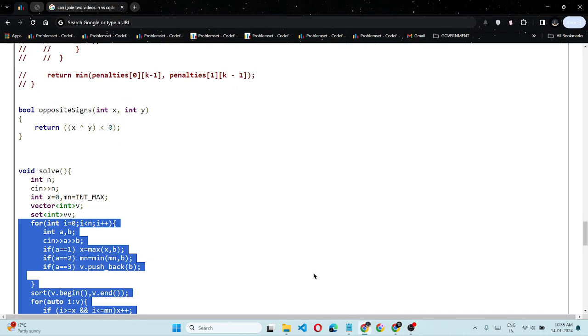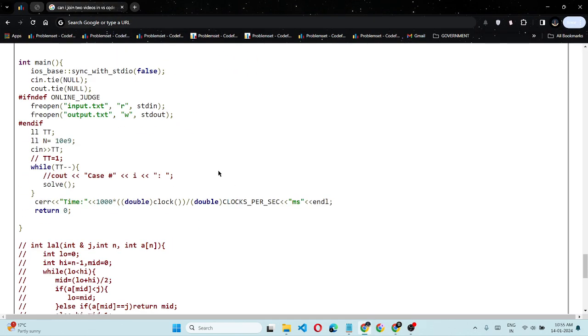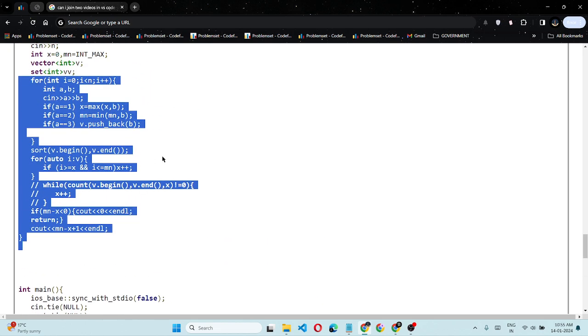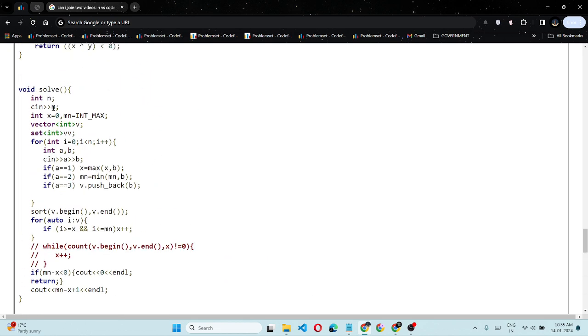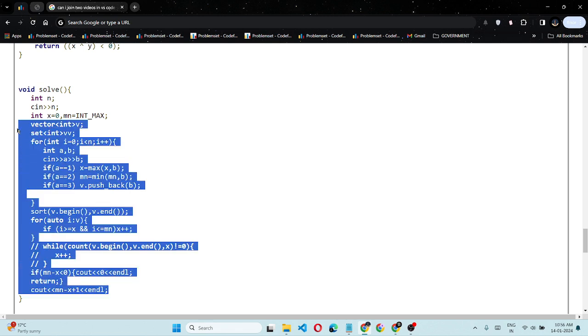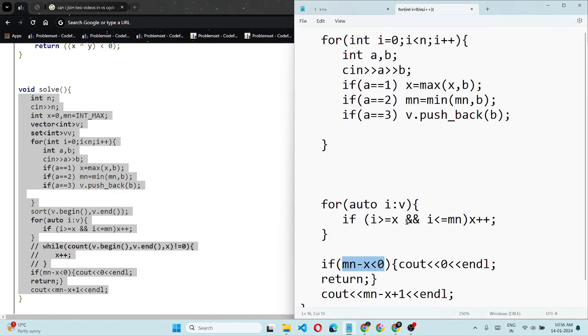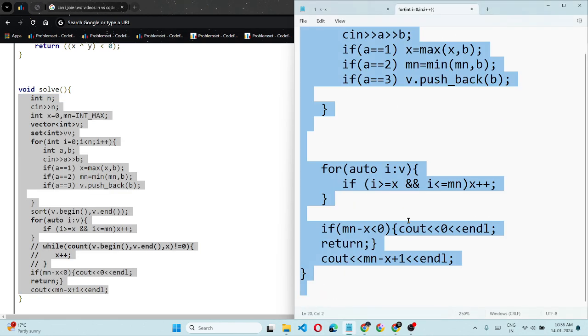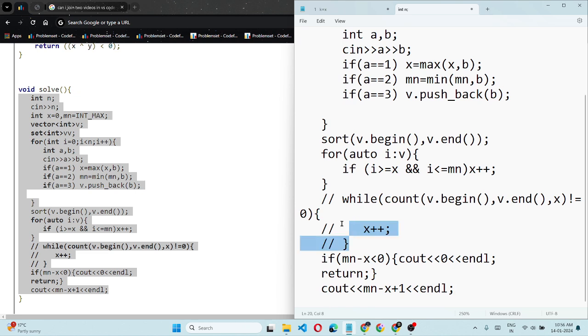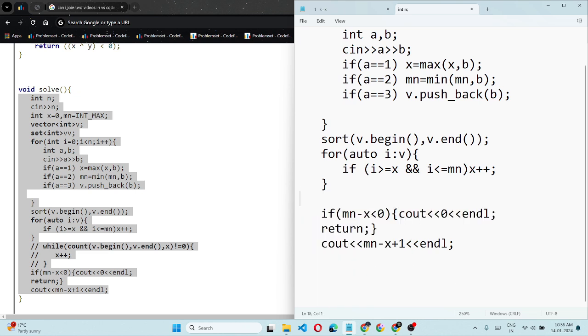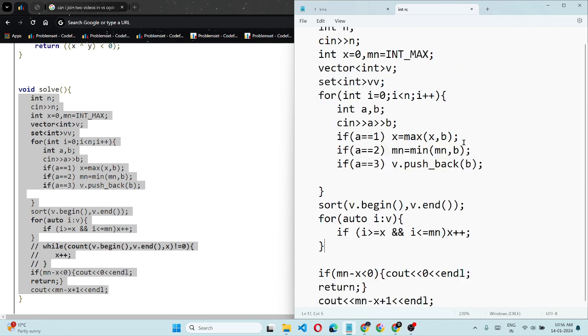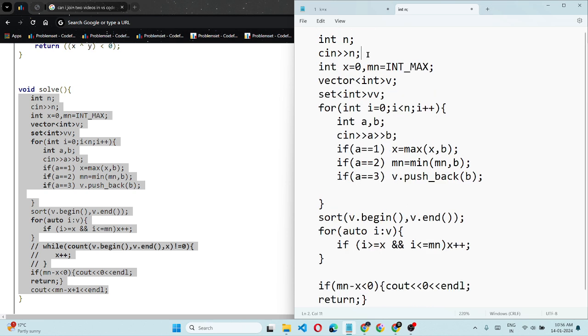Let's see the code here. First I've taken the number of test cases. Then in solve, I've taken n, the number of constraints, and then the constraints.